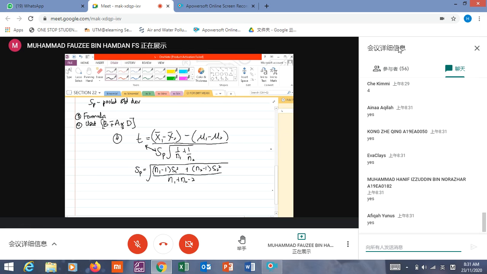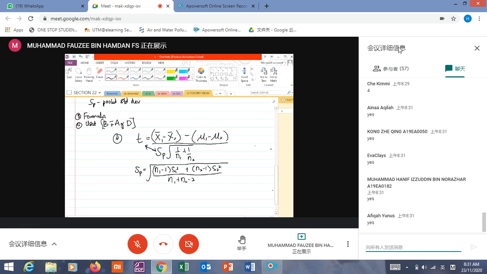In this class, one of the very popular questions about this formula is that SP needs to be multiplied with the square root. Some students consider SP as the power of roots.